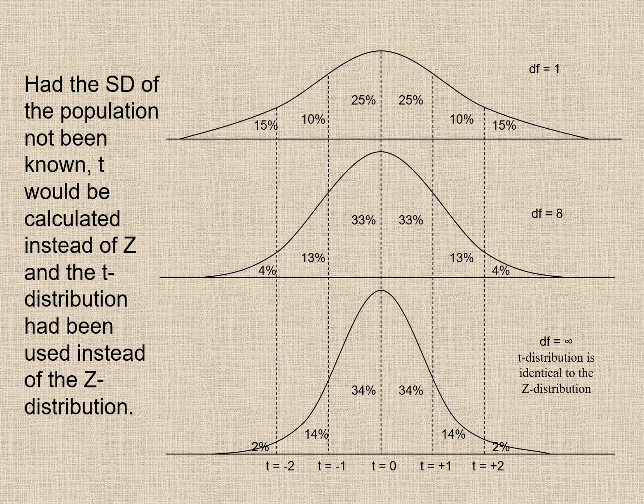So we have a very large sample, an immensely large sample, and in this case the t-distribution is identical to the z-distribution. If we don't know the standard deviation in the population, we use the standard deviation in the sample as an estimation. But in that case, we calculate t-values and we use t-distributions in order to estimate probabilities.